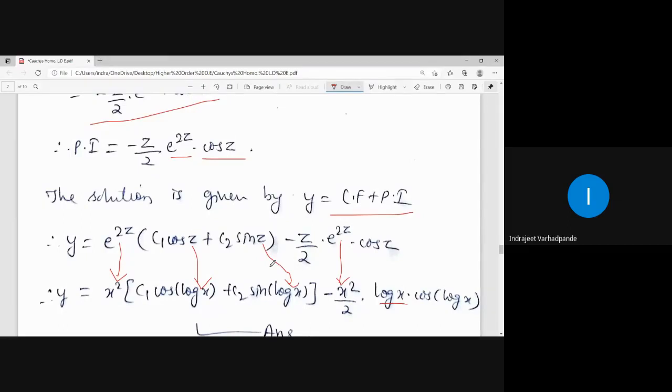y is equal to CF plus PI. Write them in the form of x.